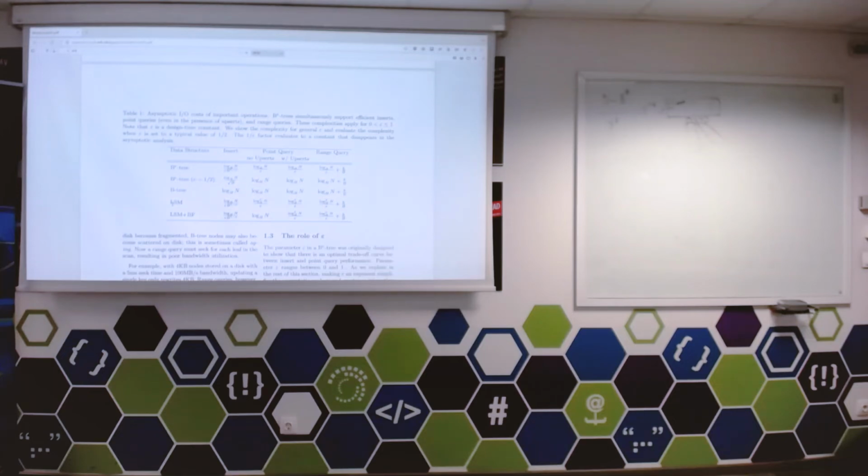But inserts are square root of B times faster because you do multiple inserts with the same IO. And here they are showing the complexity of LSM trees, which are a bit worse.